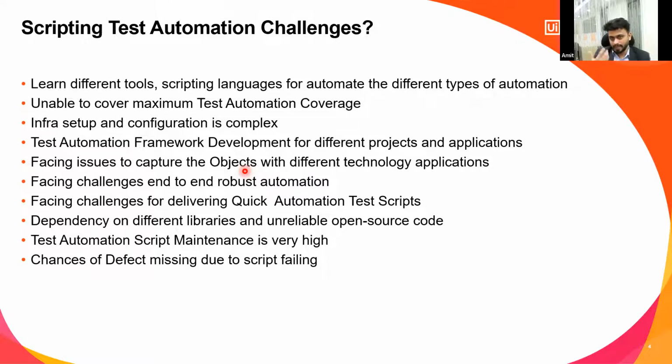Let's imagine you're doing a regression test suite, right? And I have to use it very fast with the entire set of regression test cases, and the automation test suite is failing continuously.